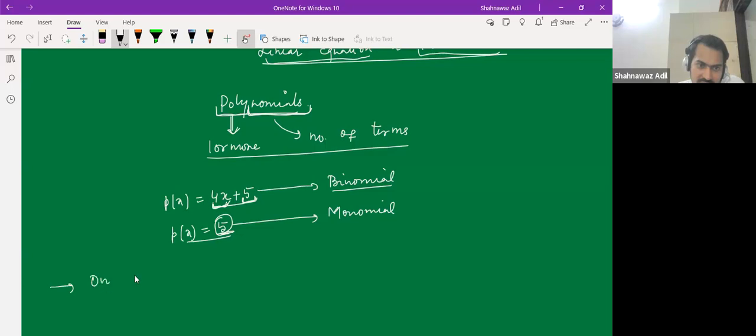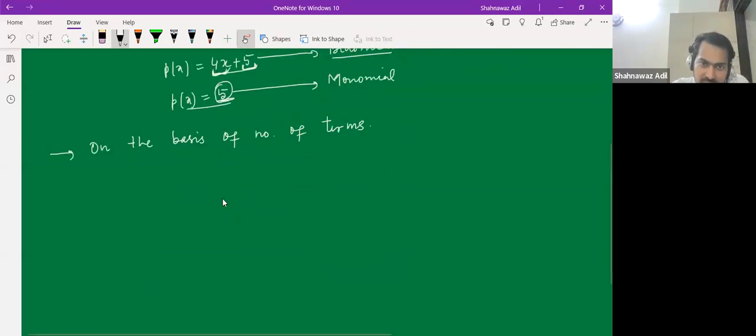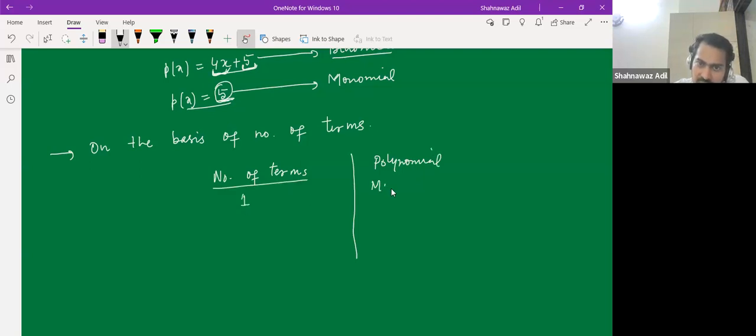So on the basis of the number of terms, we have different kinds of polynomials. If the number of terms is 1, this is called a monomial.